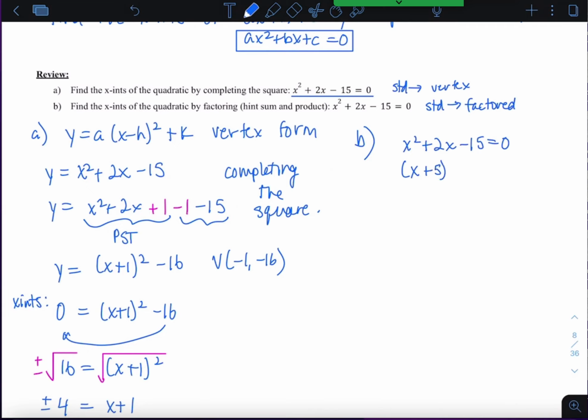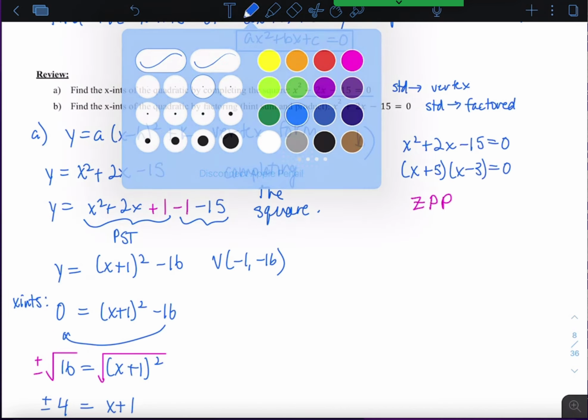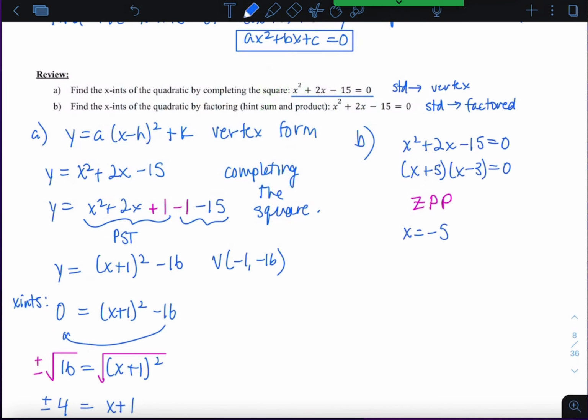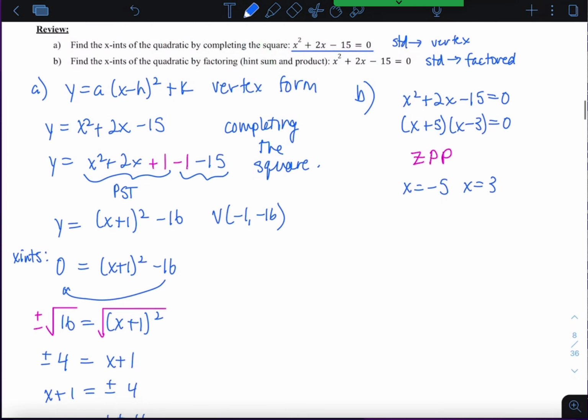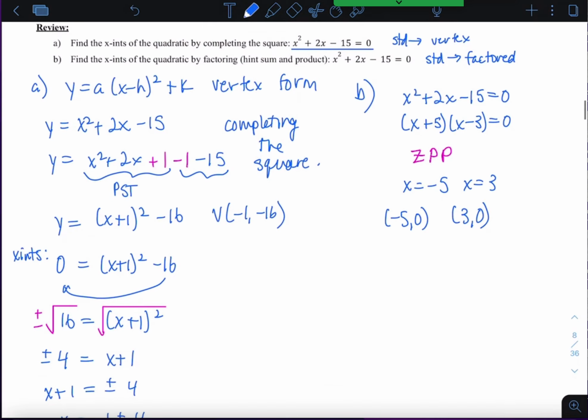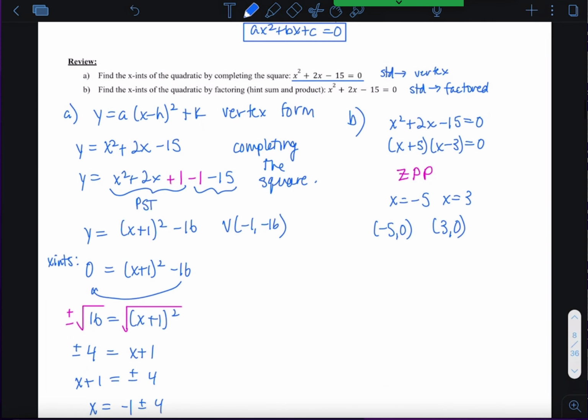It's (x plus 5)(x minus 3). And now I can use our zero product property to solve for the x-intercepts. So I know x is -5 and x equals 3. Now it's the same parabola, so I'm obviously going to get the same answer that I did in A, and it's much, much shorter.